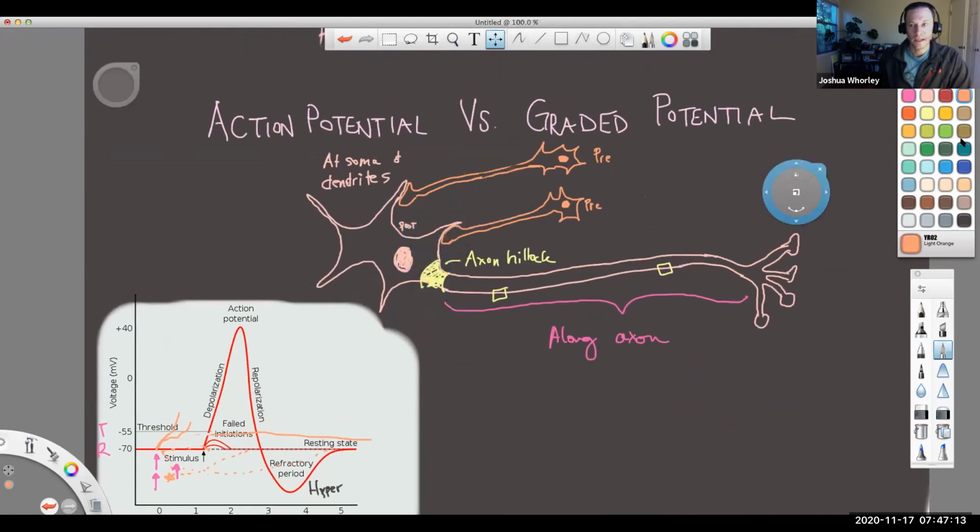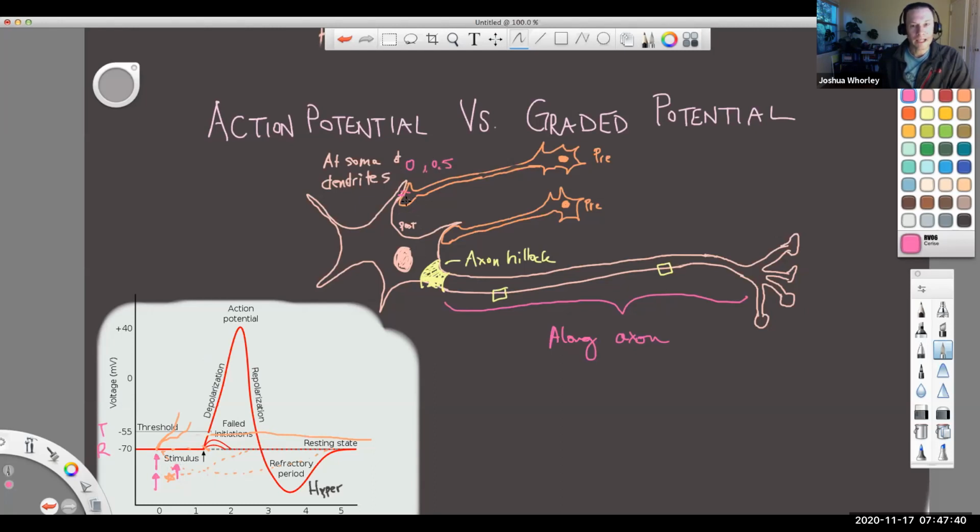Now, if you got a stimulus right here, initiated because an action potential is transduced from this cell to another, at time 0, and then again here at time 0.5 milliseconds later, you get another one.